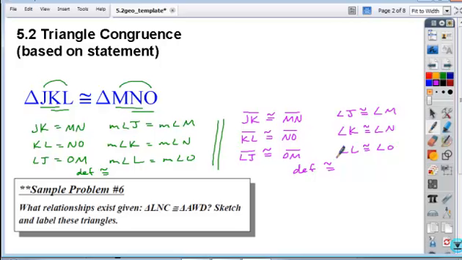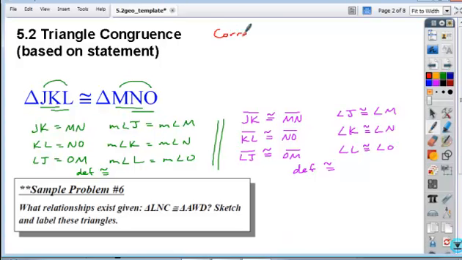So you can base triangle congruence off of a statement or off of the labeling of information on the figure itself. Regardless of that, once you know that two triangles are congruent, then you can tell that all of these corresponding pieces are congruent as well.